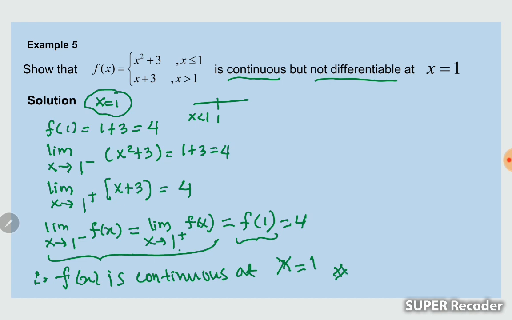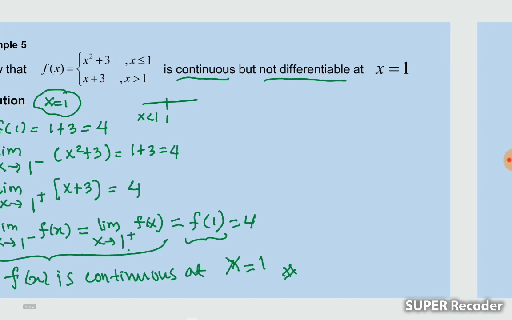Okay, now we are going to show that f(x) is not differentiable at x equals 1. So we divide into two parts. The first part is for x less than or equal to 1.